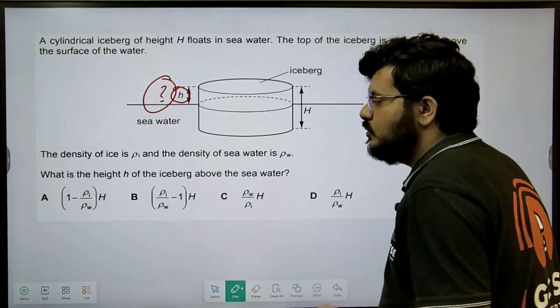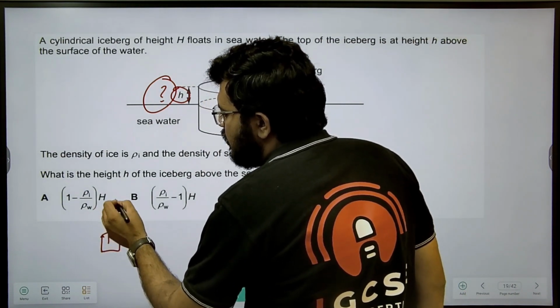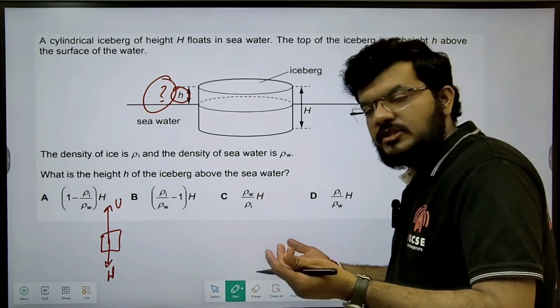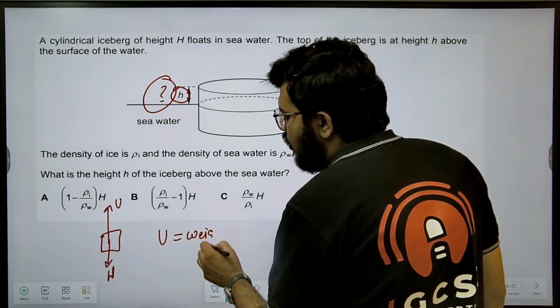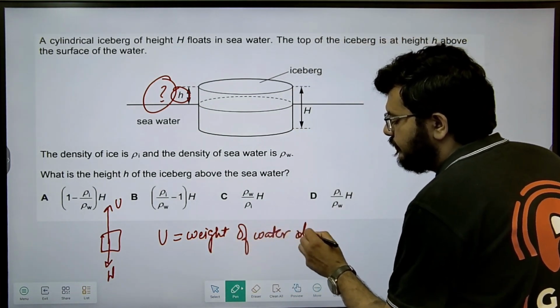What logic will we use? First of all, because it floats, right? For this iceberg, the upthrust is equal to weight, correct? Otherwise it wouldn't float. And upthrust is also equal to the weight of water displaced, right? That is Archimedes principle.